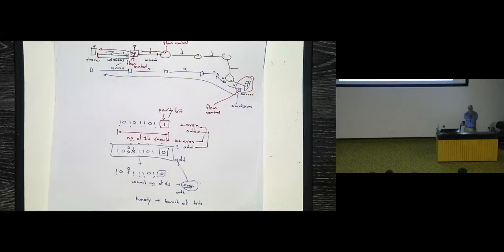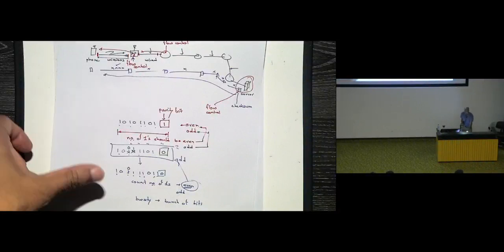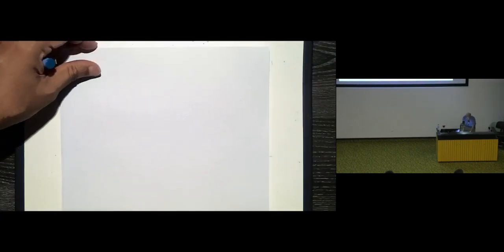But which bit was in error? That I cannot say for sure. Any of them could have been flipped. I just know that the number of ones came out to be even, so there's a problem. But I want to fix that error, so what can I do? What you can do is add more overhead.